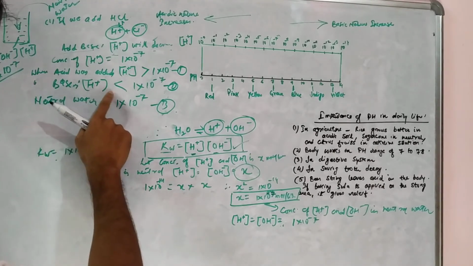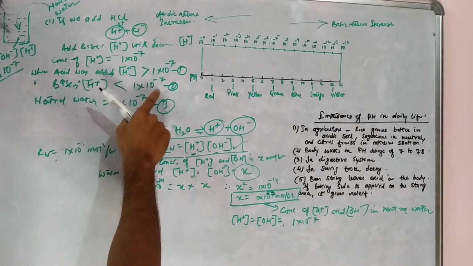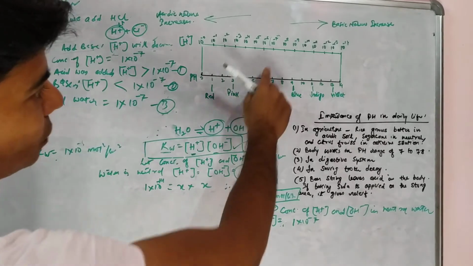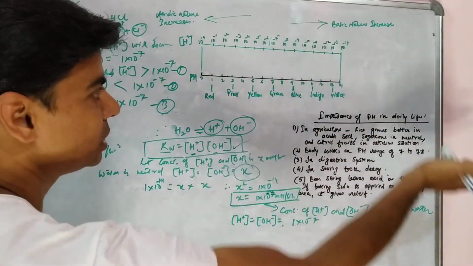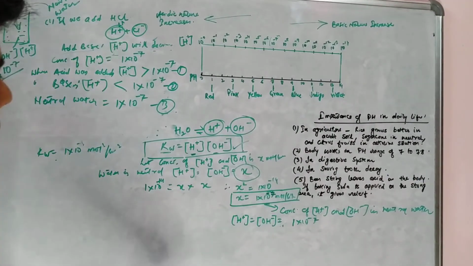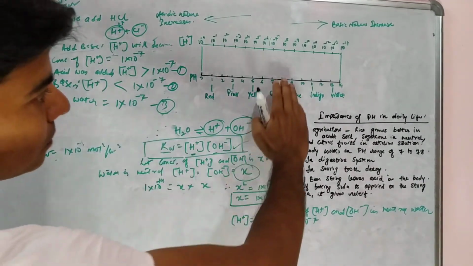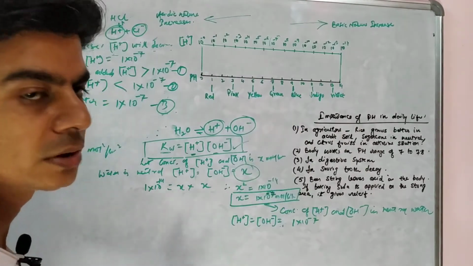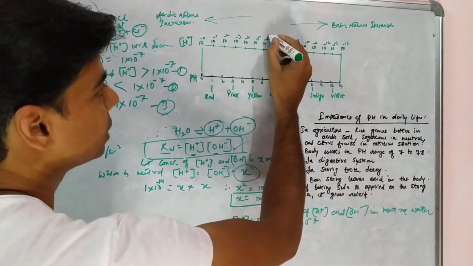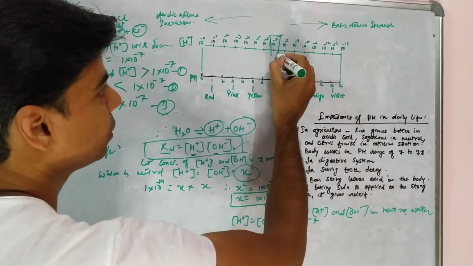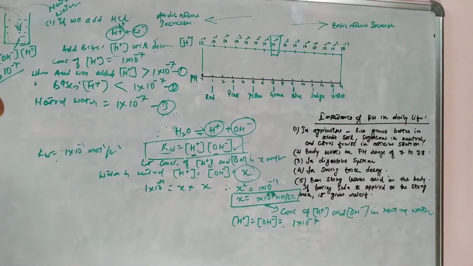Similarly, when base was added, hydrogen ion concentration decreased. Hydrogen ion concentration for bases was less than 10 to the power of minus 7. So values less than 10 to the power of minus 7 on the pH scale were towards right. So for bases, the hydrogen ion concentration will lie towards right of 10 to the power of minus 7. We know that this 10 to the power of minus 7 is for neutral pH, right?